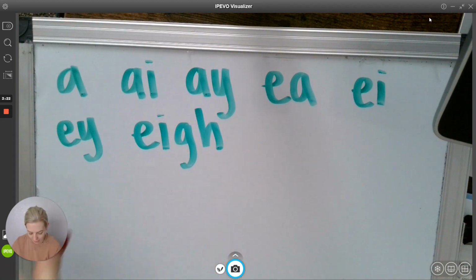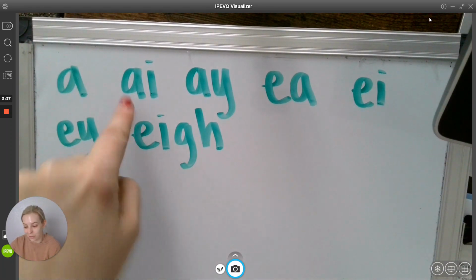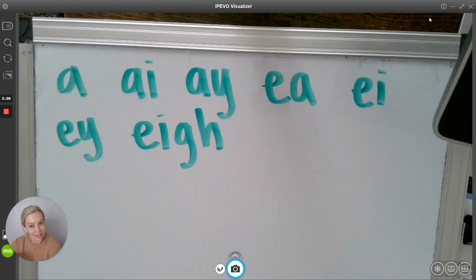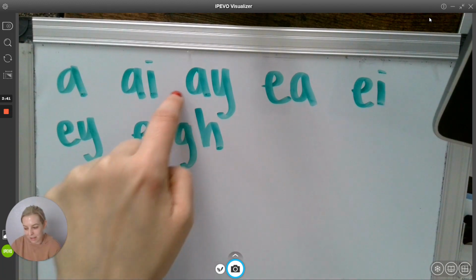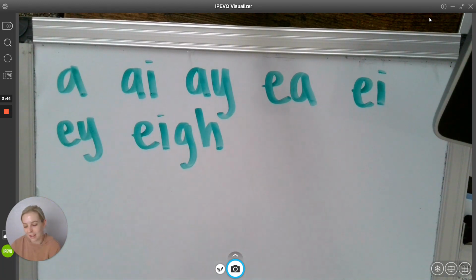Which of these phonograms is most commonly used to spell A at the end of a word? Which one is most common for the sound A at the end of a word? I know it's not this one or this one. It's got to be one of these. Do you remember which one? It's this one, AY.